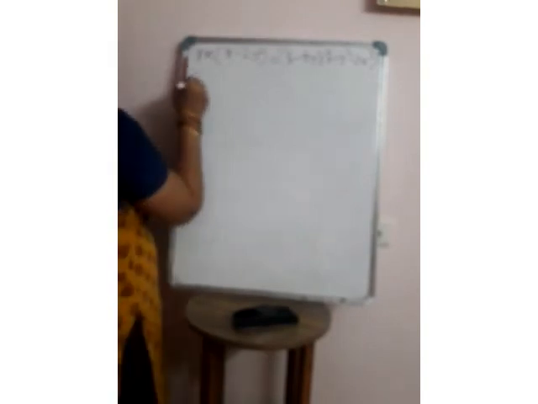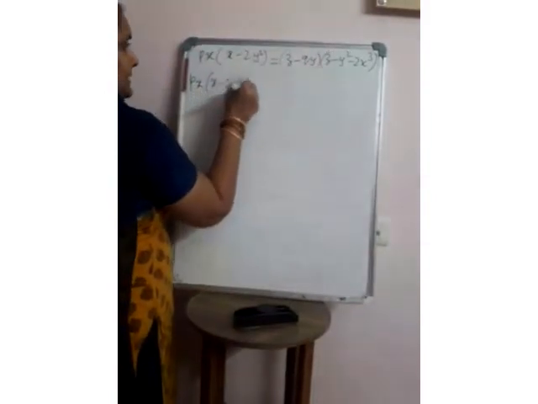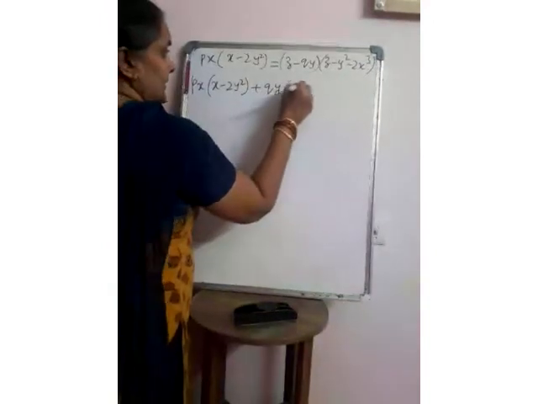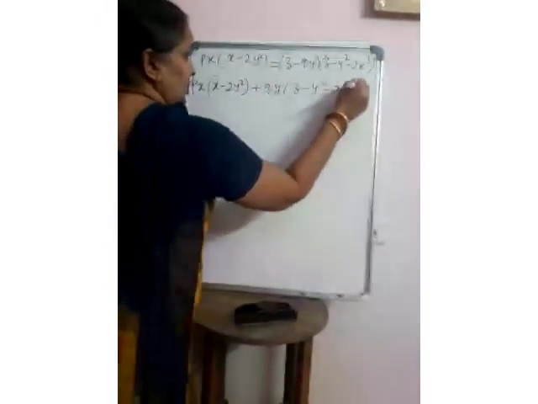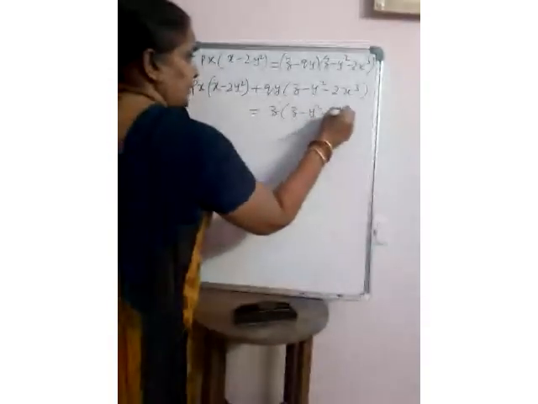So this is the next problem given. First, we try to write the equation in the standard format, Pp plus Qq is equal to R form. x(x minus 2y square), and the Qy term I'll bring here: plus qy(z minus y square minus 2x cube) is equal to z(z minus y square minus 2x).